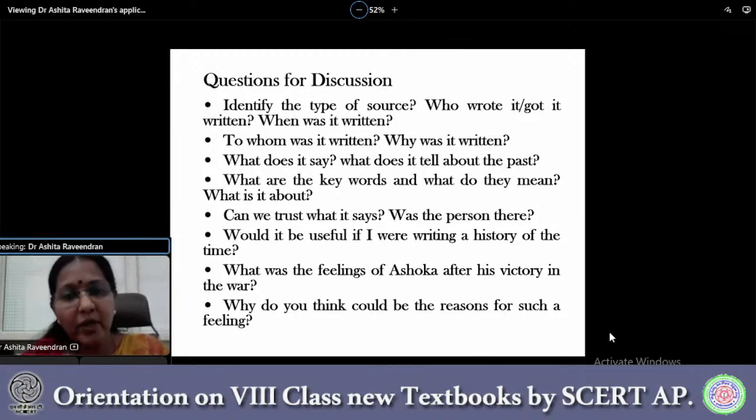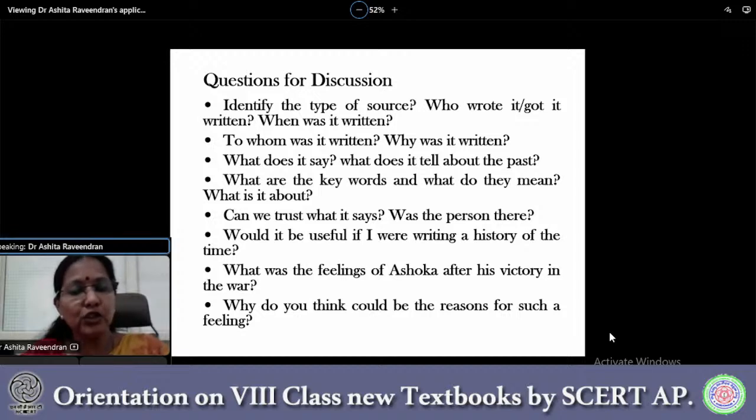So there can be different arguments. The children can say different things. Some people will say that this cannot be trusted, because he is saying so for these reasons. Anyway, there is no yes or no for it. The child just tries to understand things and reason it out from their own point of view.